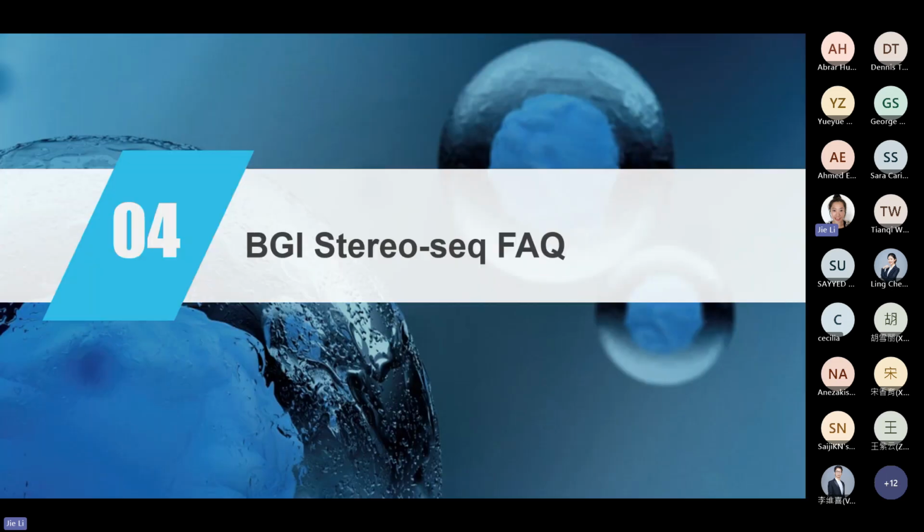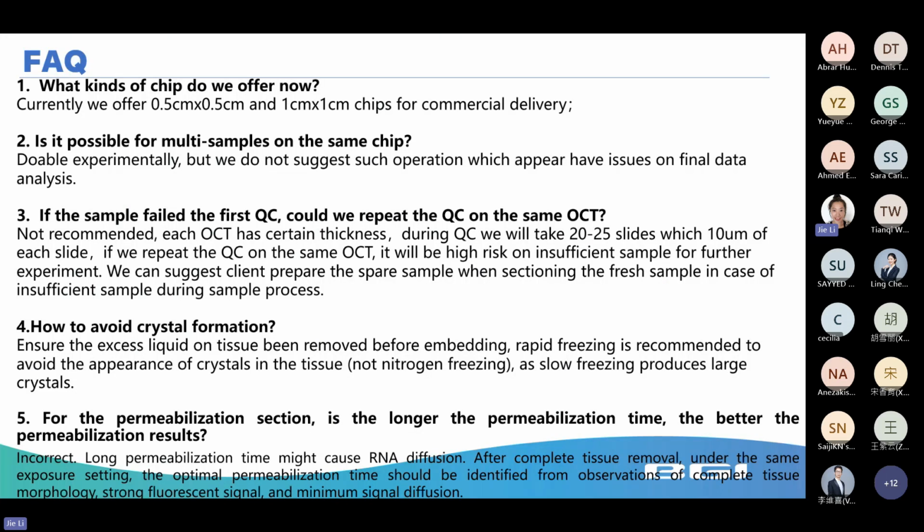Here are some FAQs from our last year's experience with our projects. These are the top 5 frequently asked questions. First, what kinds of chips do we offer now?